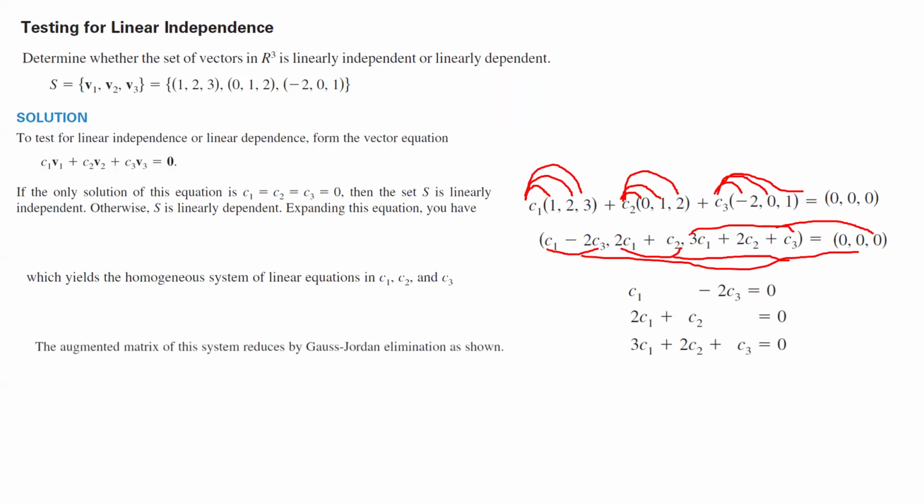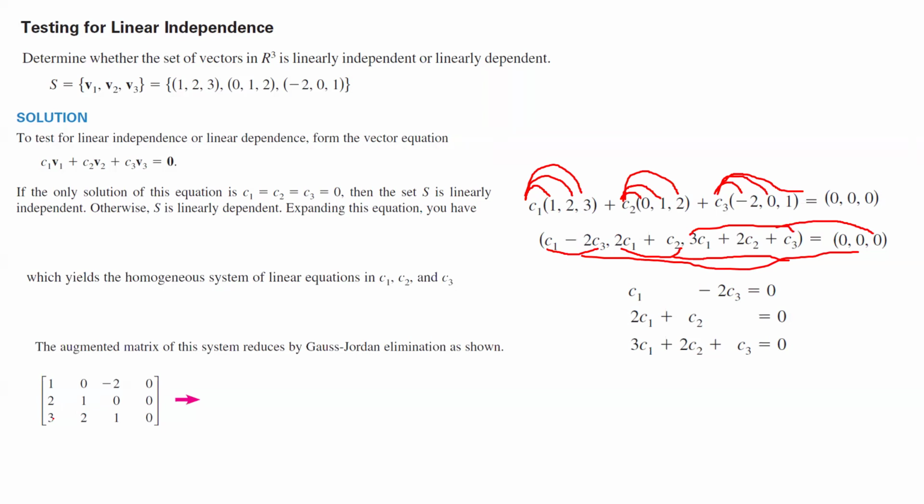Now what? We can form the augmented matrix of this system and then reduce it. The augmented matrix is 1, which is the coefficient of C1, 0, coefficient of C2, negative 2, coefficient of C3, and on the other side you have all 0 constants. 2 is the coefficient of C1, 1 is the coefficient of C2, and 0 is the coefficient of C3, and you have 0.